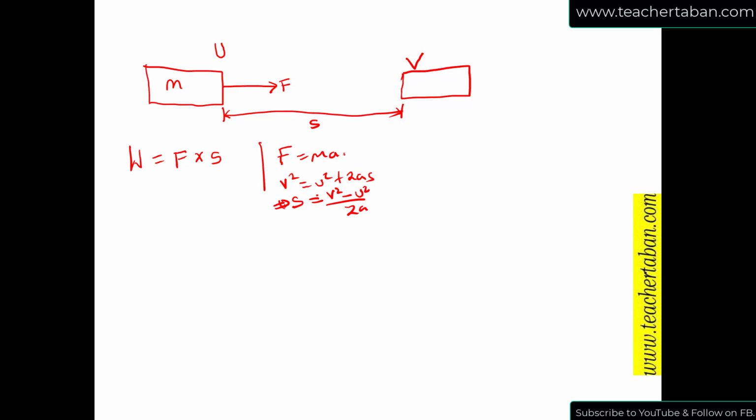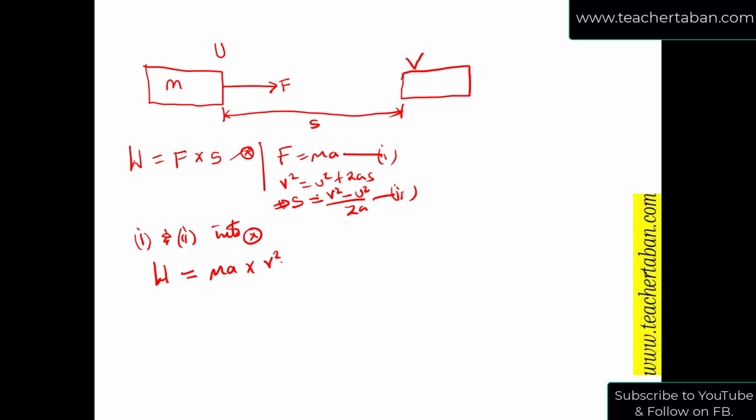So if this is my equation 1, this is my equation 2, substituting those two equations, 1 and 2, into the equation which I'm calling star, I'll end up with work done being equal to the force F, which is ma, times (v squared - u squared) / 2a.